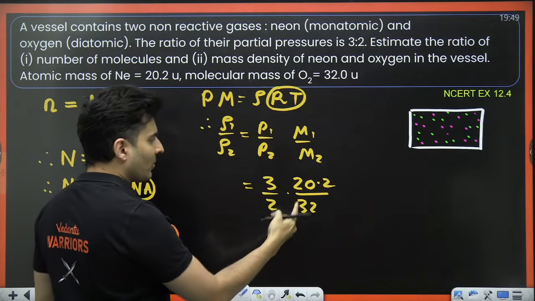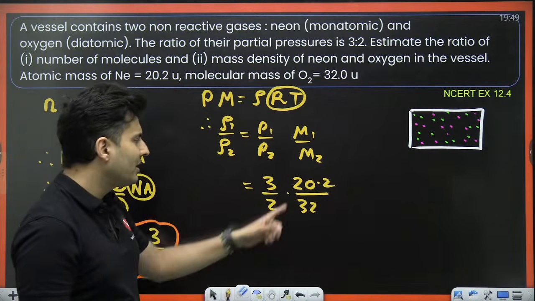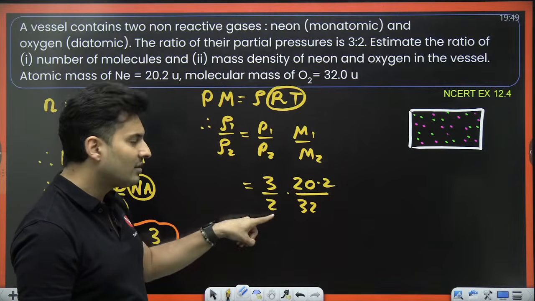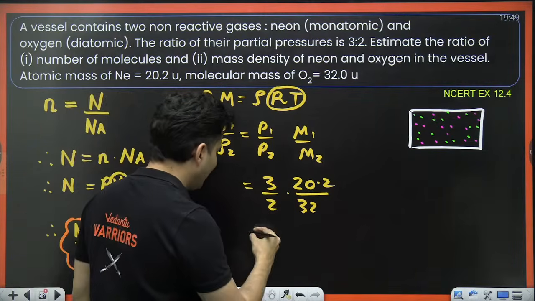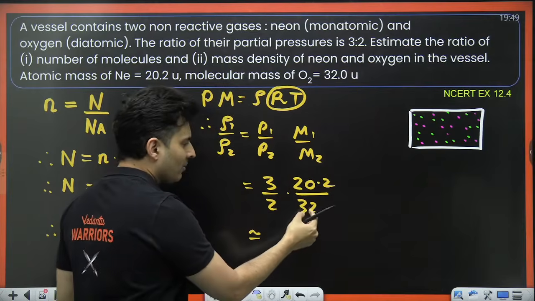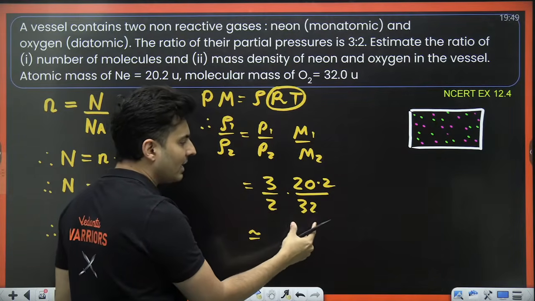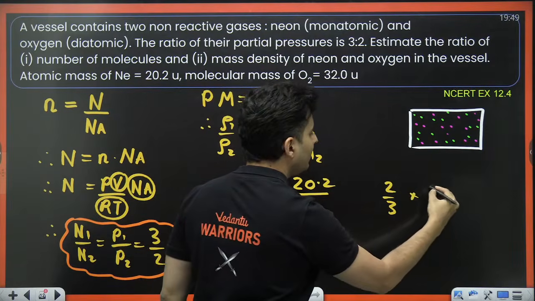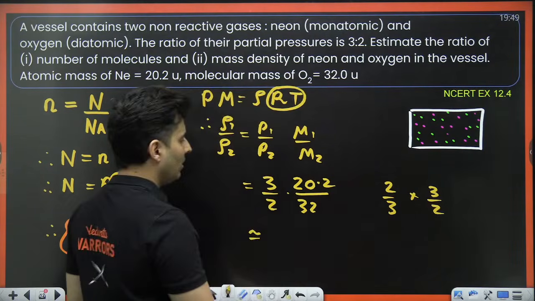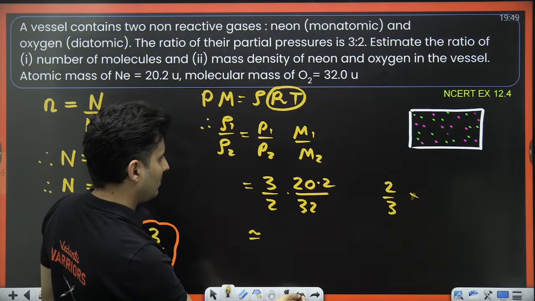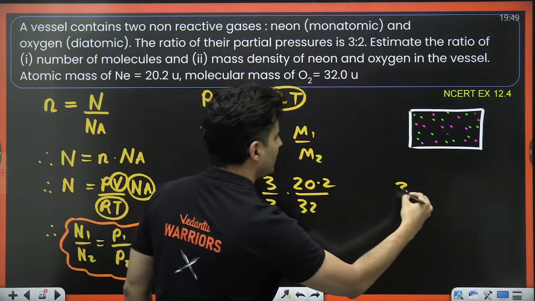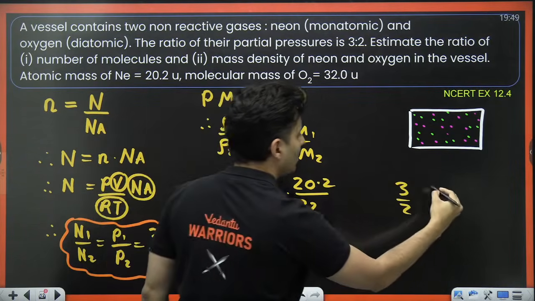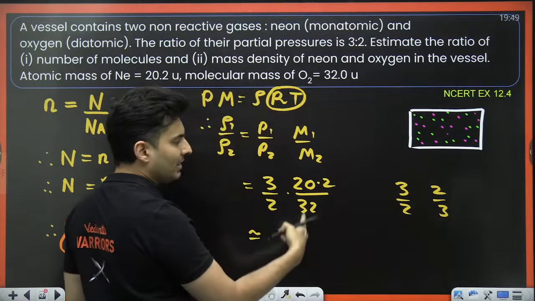Now if you notice, this 20.2 by 32 is almost like 2 by 3. This is 3 by 2. So I think it will come very close to 1. But since this is slightly more than 30, think about it, my dear students. Sorry, I wrote it opposite. This is 3 by 2 into basically 2 by 3.